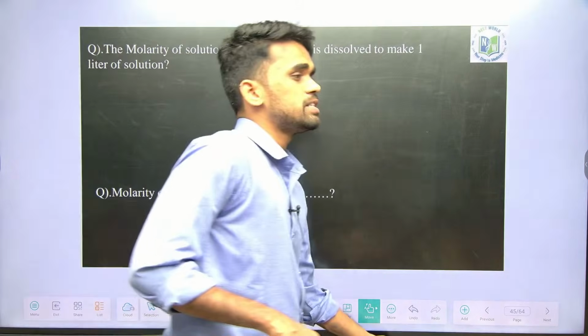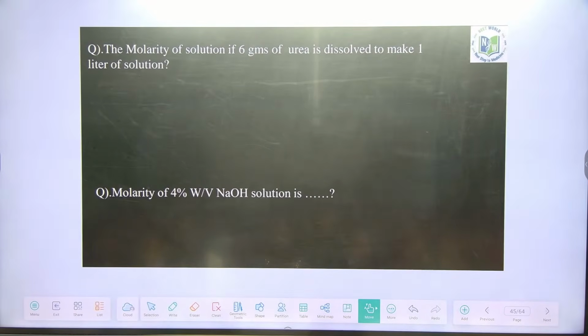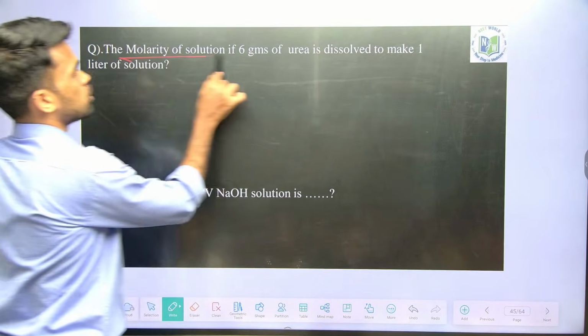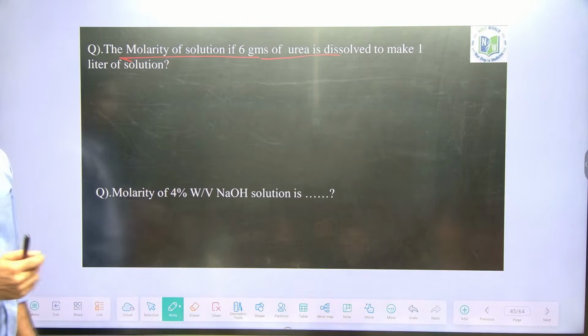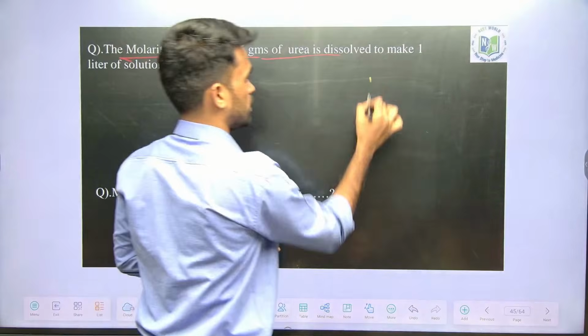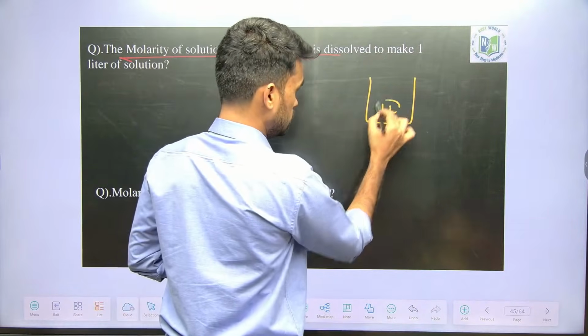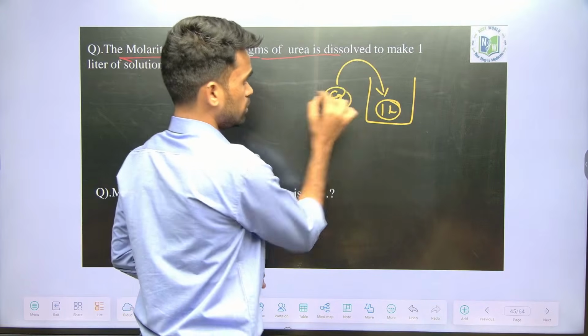Okay, just follow this. Molarity of a solution if 6 grams of urea is dissolved to make 1 liter. It means you need to take one beaker with 1 liter volume of that solution, and you are adding 6 grams of urea.